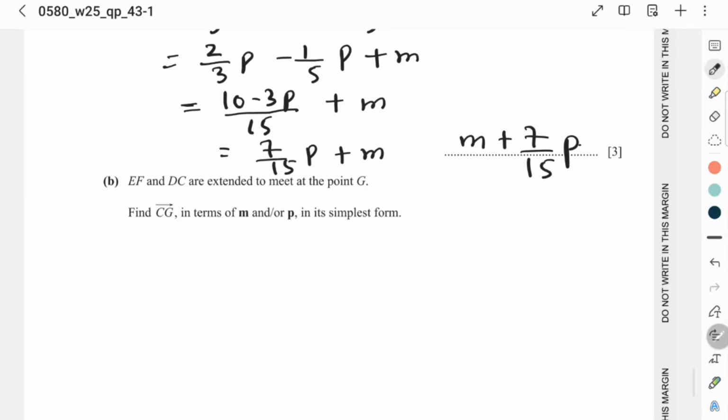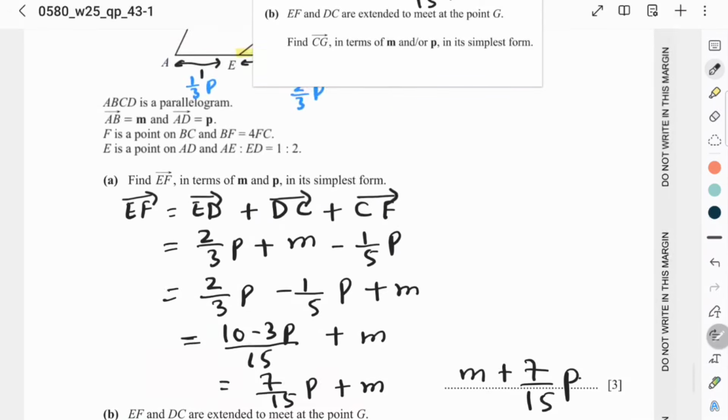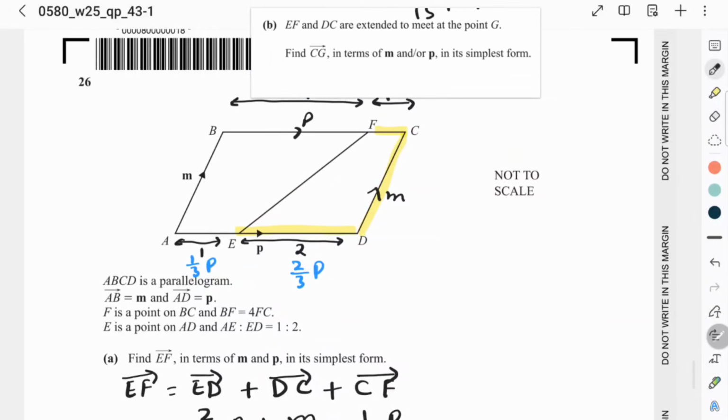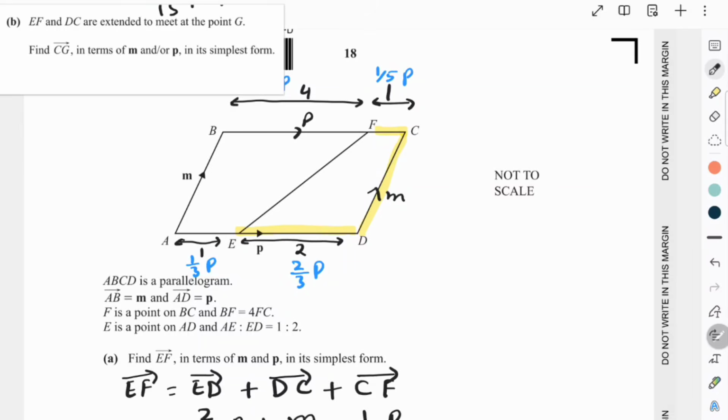Now the second part: EF and DC are extended to meet at the point G, and we have to find CG in terms of m and or p. So just look at the top. We have to extend the line.